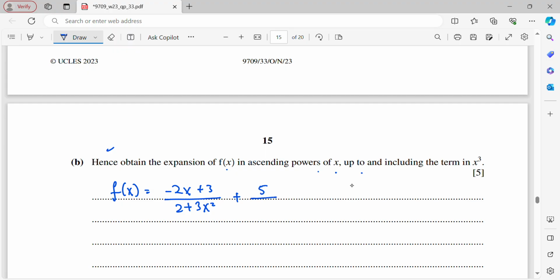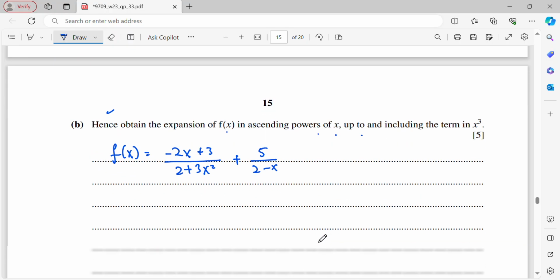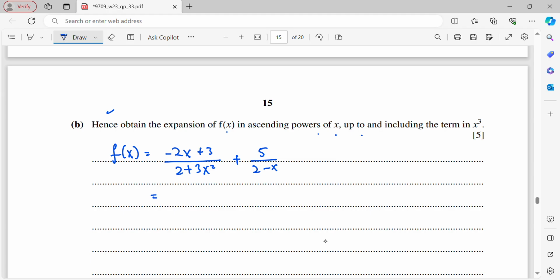So from here, this is basically negative 2x plus 3. Move up the denominator, it will be 2 plus 3x squared to the degree negative 1. Then plus 5 times 2 minus x to the power of negative 1.